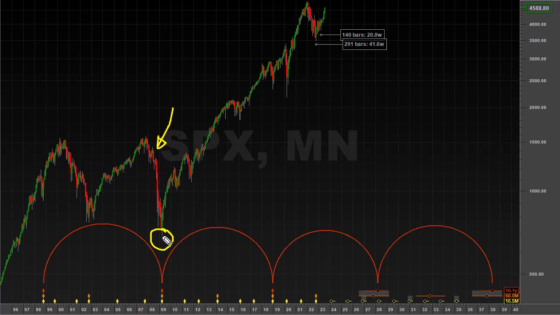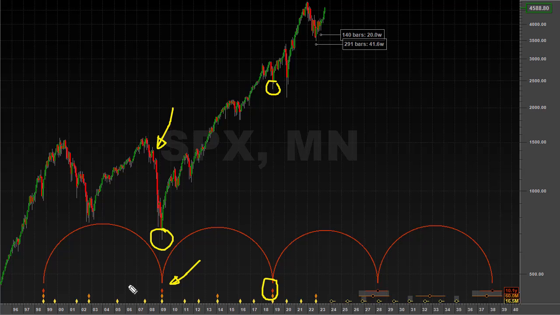Then price bounced out of a fairly prominent trough, which has been phased as a 9-year cycle trough, according to this analysis. The next 9-year cycle trough, according to this analysis, is the trough in December of 2018, which is a position for that 9-year cycle trough that I discussed in the most recent market update about the S&P 500.